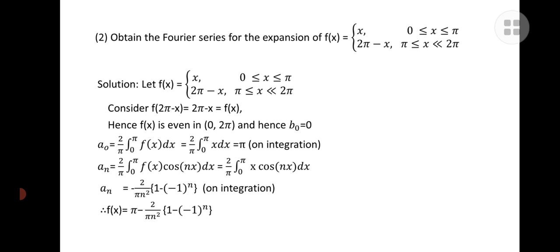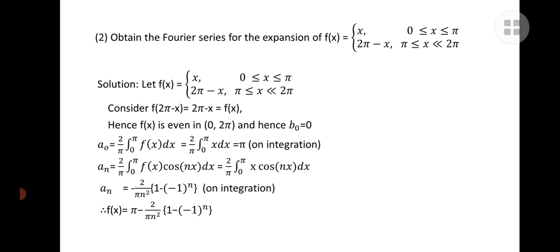Hence, according to the property of the even function, we know that bn is equal to 0. So that means the Fourier series contains only the two coefficient terms, that is a0 and an.